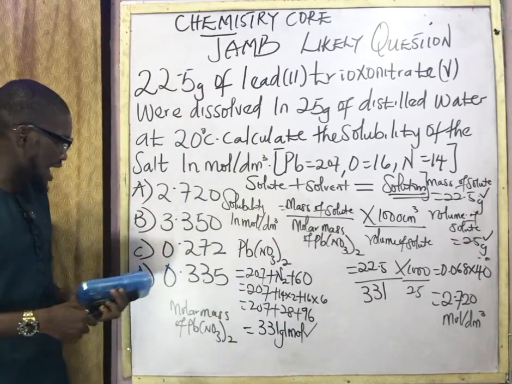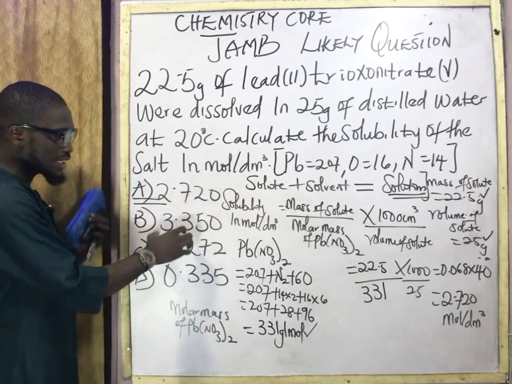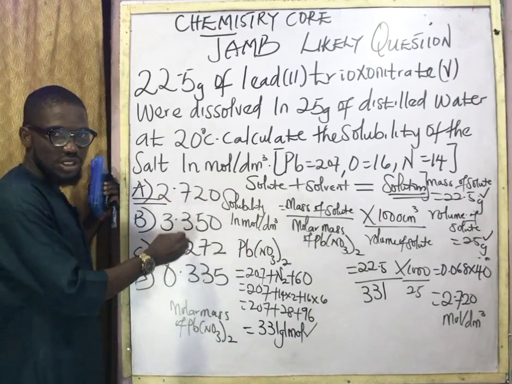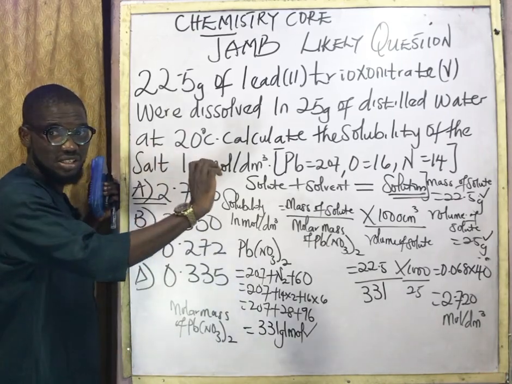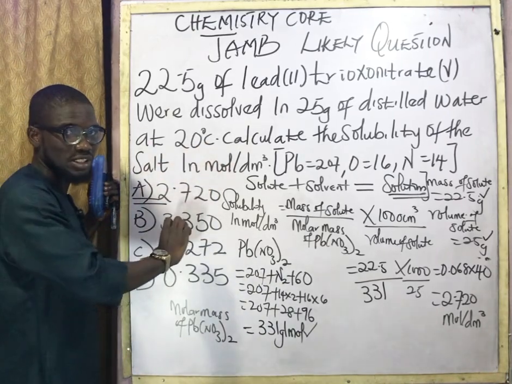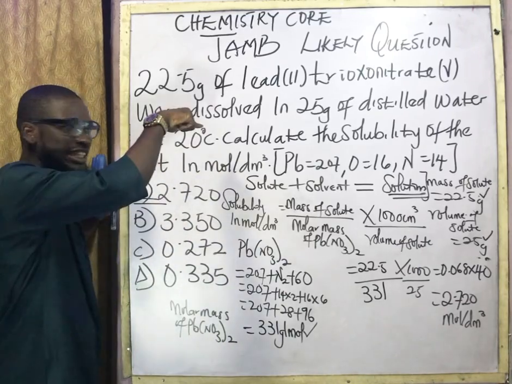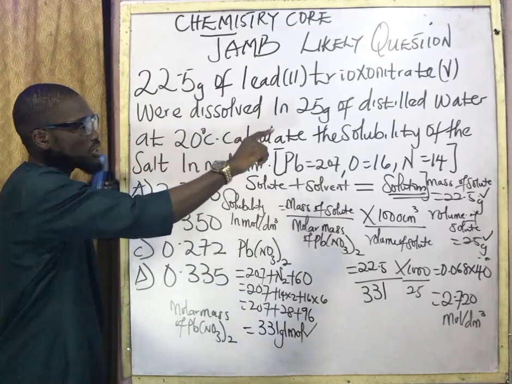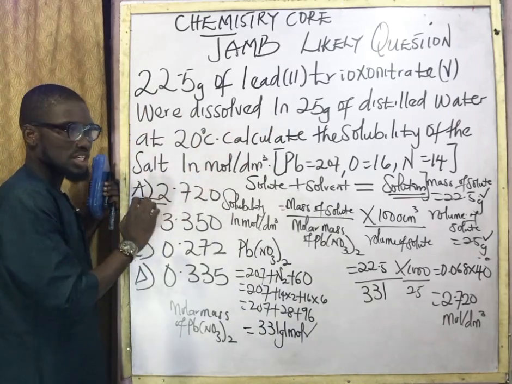So the correct answer is option A. Guys, they did not input the units here. But in case you came across any question that deals with the unit, it is stated in the question that calculate the solubility of the salt in mole per dm cube.